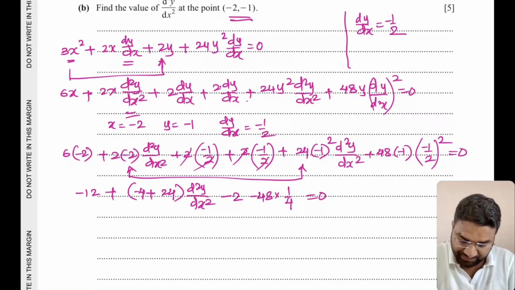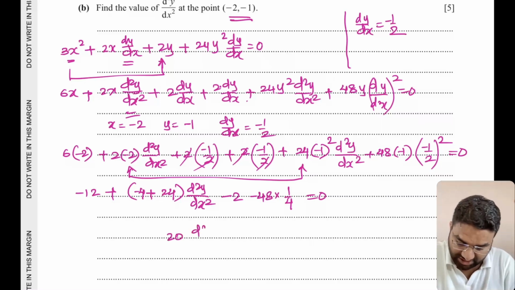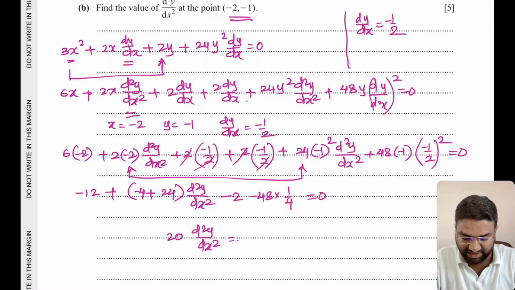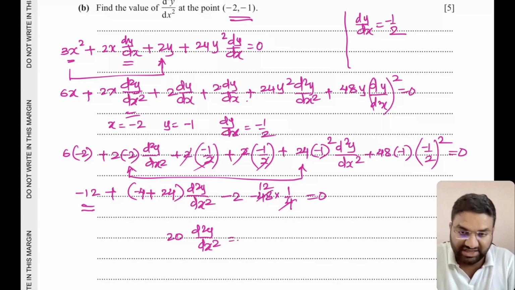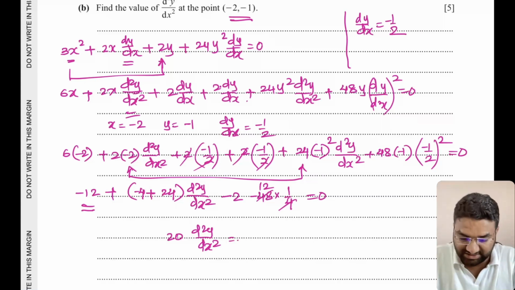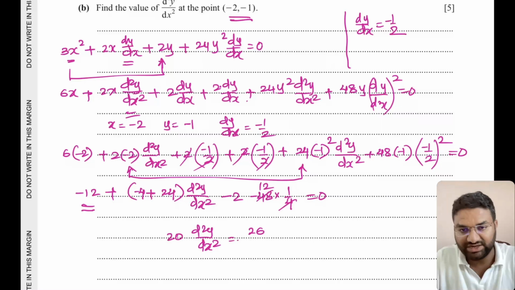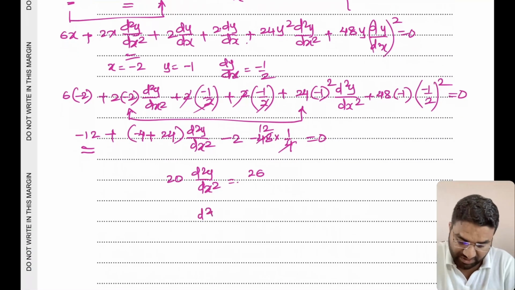So 20 d2y by dx squared is equal to, transferring all other things to the right, negative 12, negative again 12, 24 and 2, so negative 26, and on the right hand side it becomes positive 26. Then d2y by dx squared is 26 over 20, which is 13 upon 10.